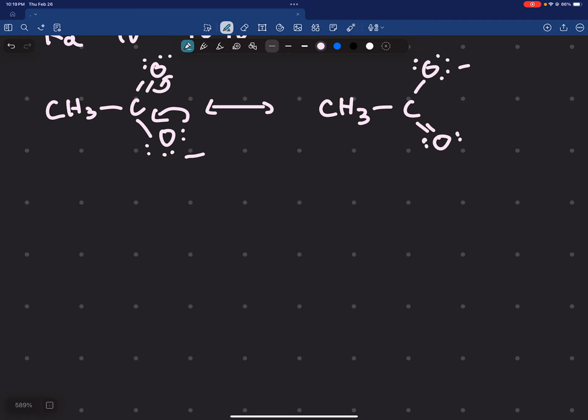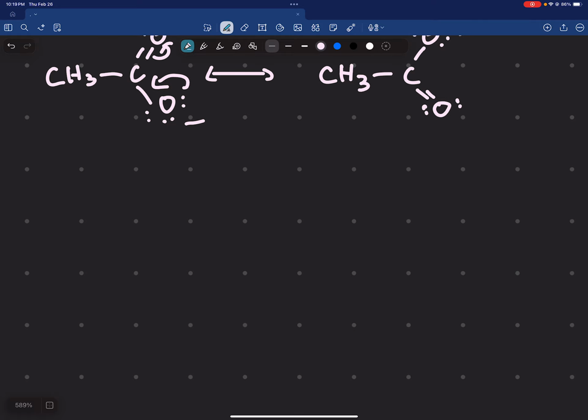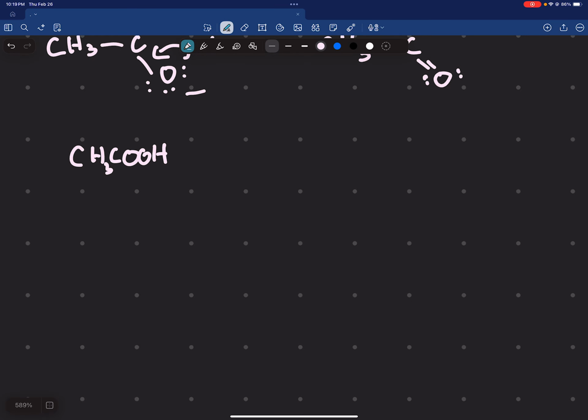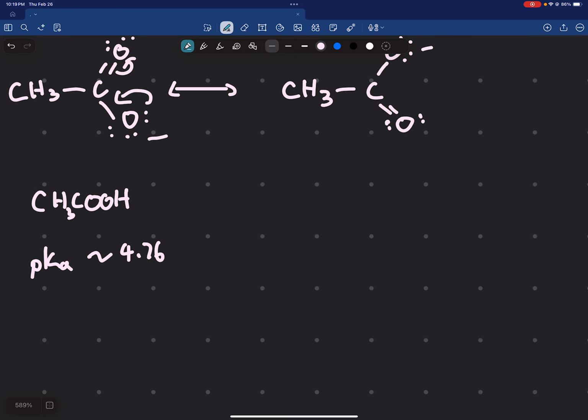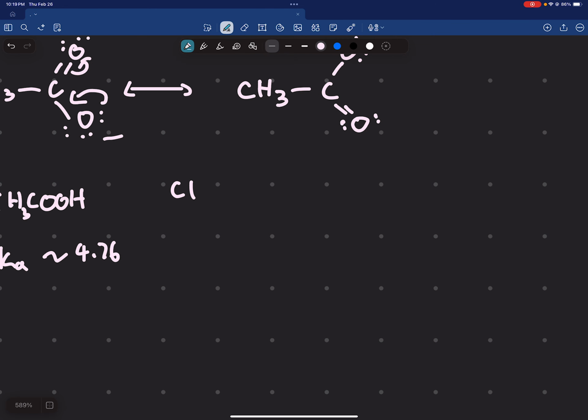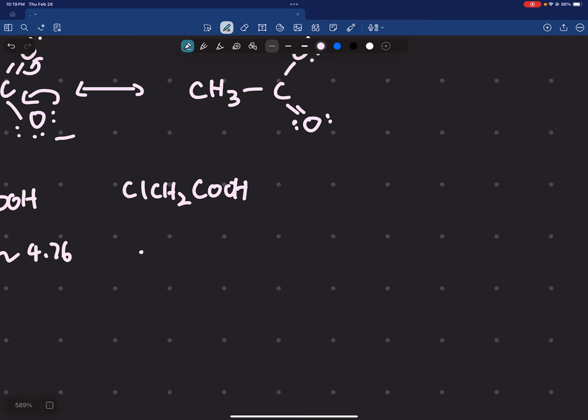So let's go over an example. If we had, say, this is acetic acid, the pKa of this will be around 4.76. But if we have chloroacetic acid, we just add one chlorine to this, the pKa will drop to 2.86.